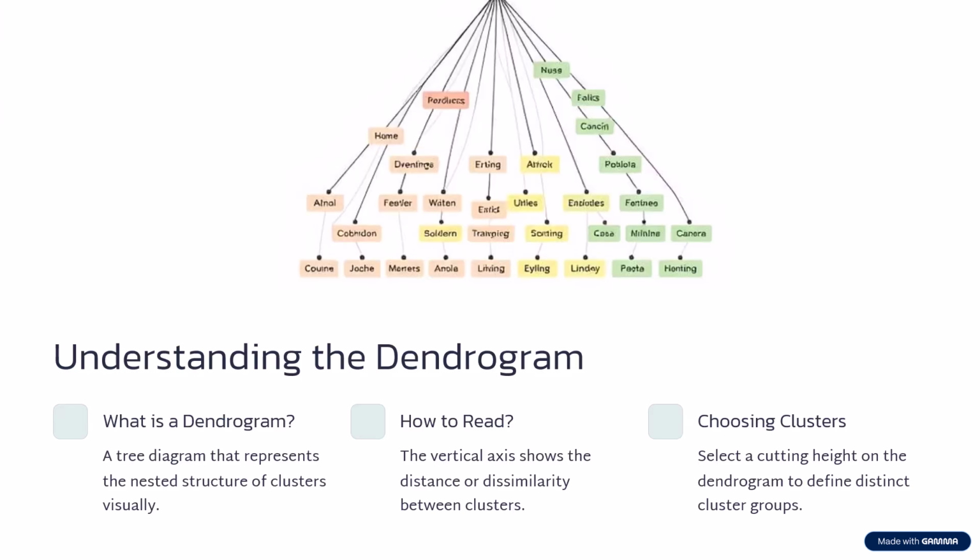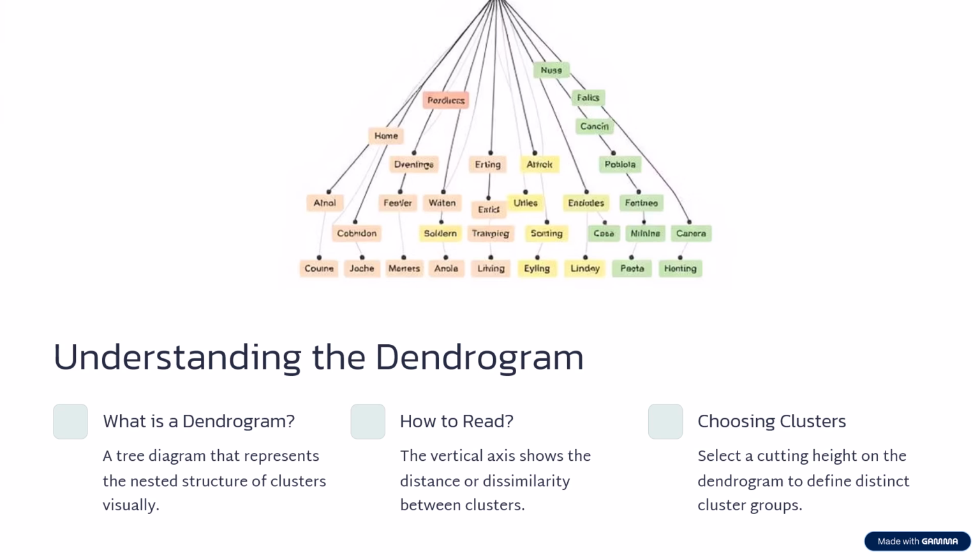Next, we understand the dendrogram. A dendrogram is a tree-like diagram that shows how clusters are formed in hierarchical clustering. It starts with the individual data points at the bottom and joins them up step by step into bigger clusters as you move up.